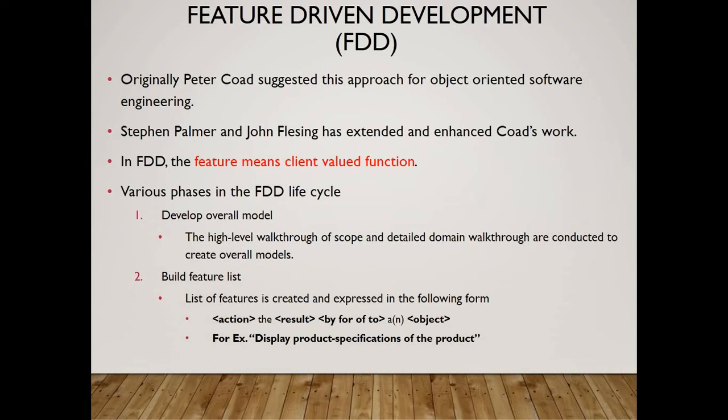In the second phase, we will build a feature list. The list of features is created and expressed in a special form. First there will be an action, then the result, followed by one of by, for, of, to, then a or an, and after it the object.